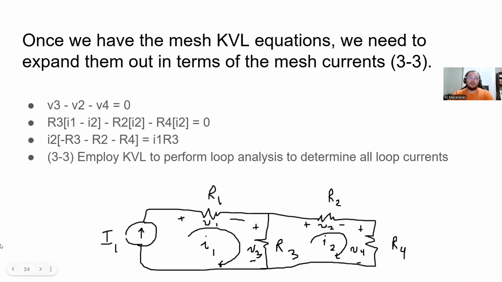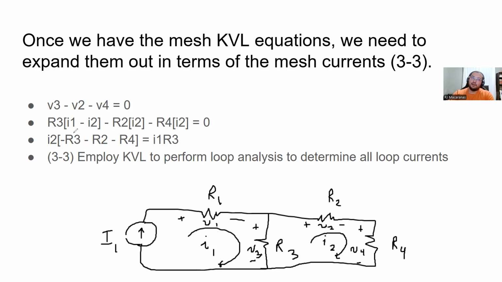I1 minus I2. So this is kind of an interesting thing. I1 is going into the positive end of R3, the higher potential, so that's technically in the forward direction.